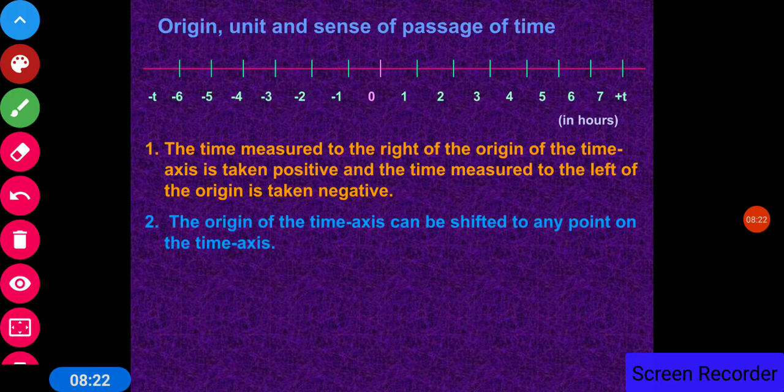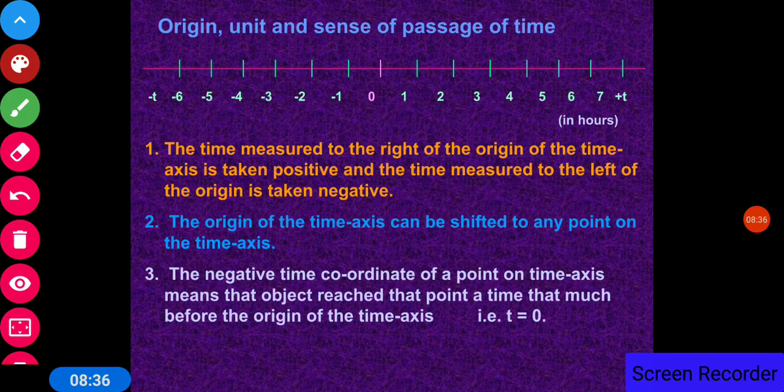The time measured to the right of the origin of the time axis is taken positive, and the time measured to the left of the origin is taken negative. The origin of the time axis can be shifted to any point on the time axis. A negative time coordinate of a point on the time axis means that the object reached that point that much time before the origin of the time axis.